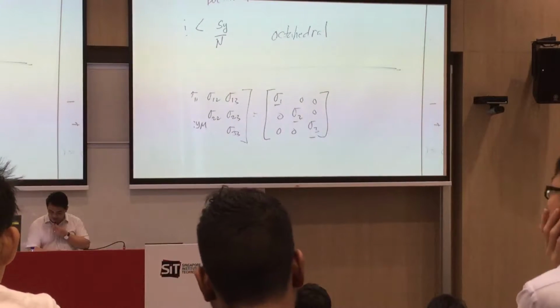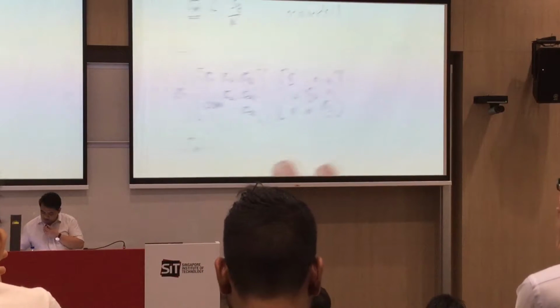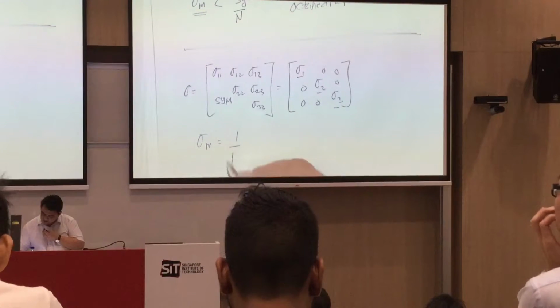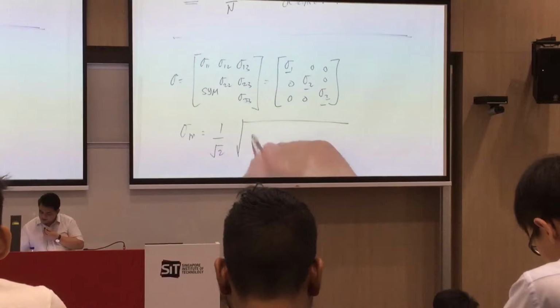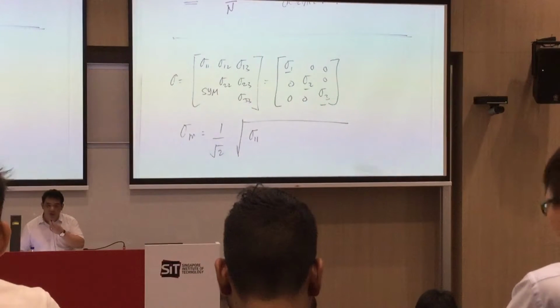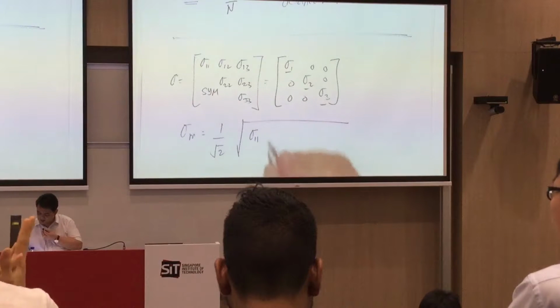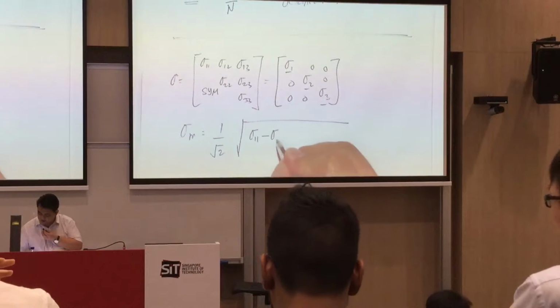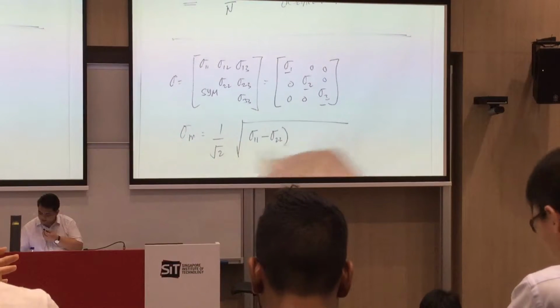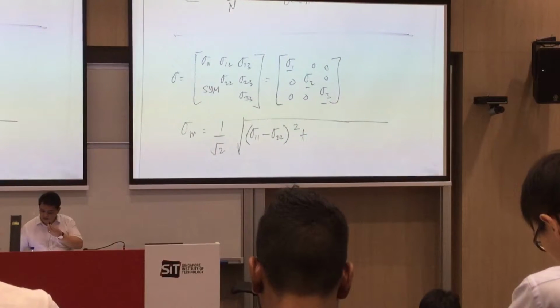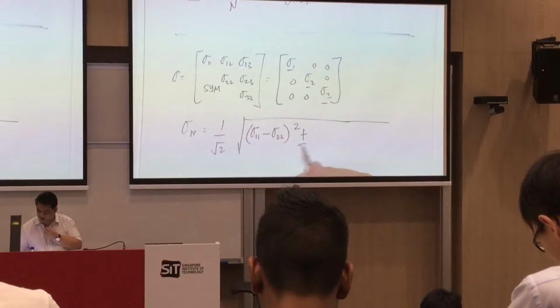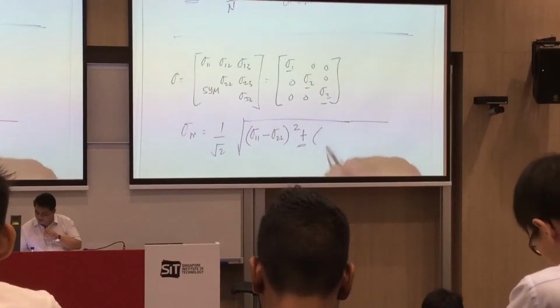Your von Mises must be 1 over square root of 2, yes? And then sigma 1 minus sigma 2, that squared, plus, so everything is a plus. I think I made a mistake somewhere wherein I placed a negative value here, sigma 2.